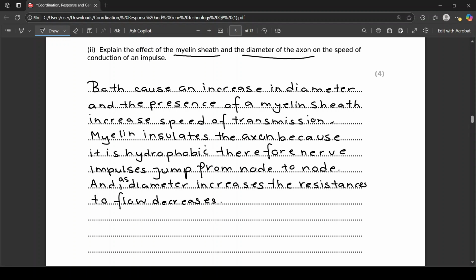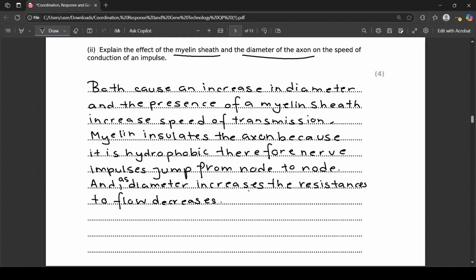It insulates the axon because it is hydrophobic, alright? And it allows saltatory conduction. Do you remember what saltatory conduction is? The electrical impulses that jump from one node of ganglion to the next instead of traveling continuously. Okay, this greatly increases the speed of impulse conduction.